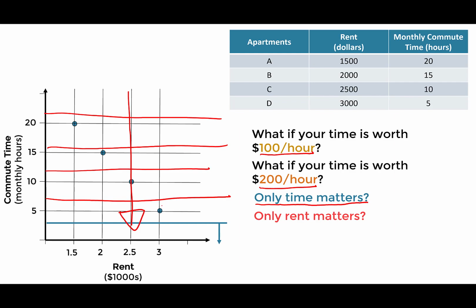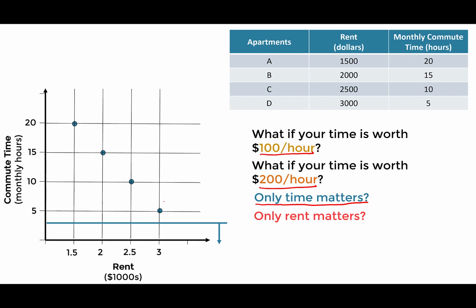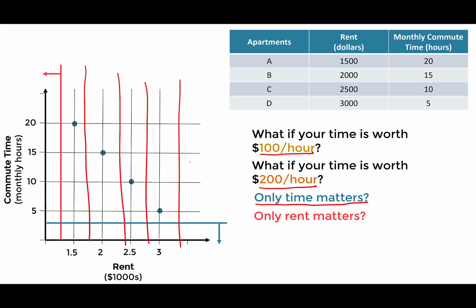And in fact, apartment D would be the best in that case. What if only rent matters? If only rent matters, our ISO preference line is vertical, and you could think about the gradient being like this, and anything in this direction is better. In that case, it would be apartment A up here, which has the lowest rent.